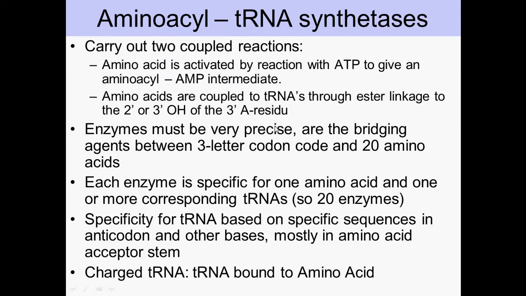The enzymes must be very precise, bridging between three-letter codons. So the enzymes, tRNA synthetases, are the ones that are going to make sure the right amino acid is being paired up with the right tRNA. There are 20 enzymes for the 20 different amino acids.